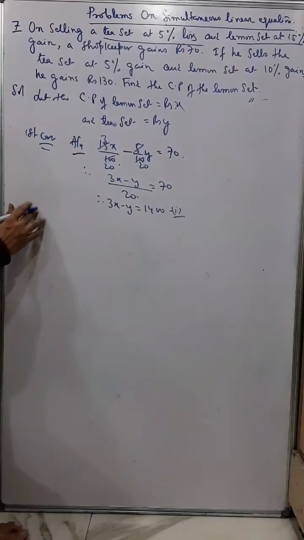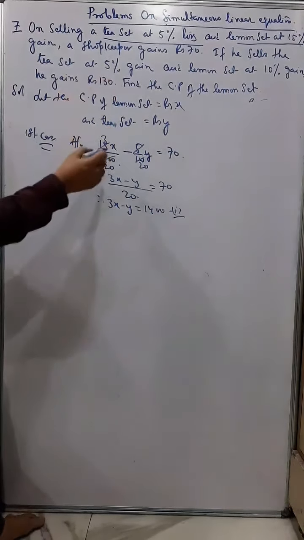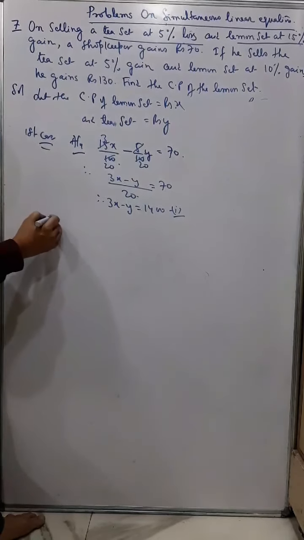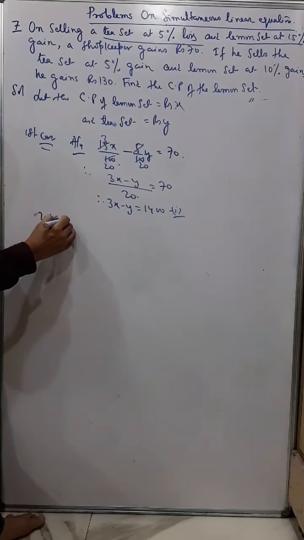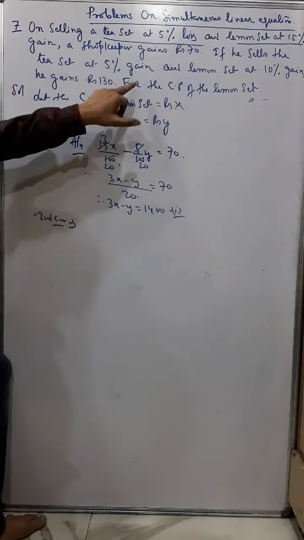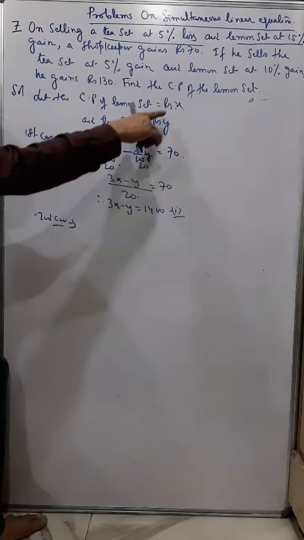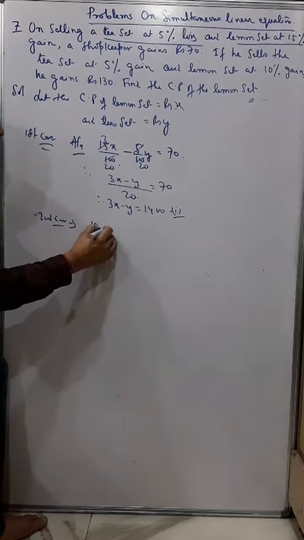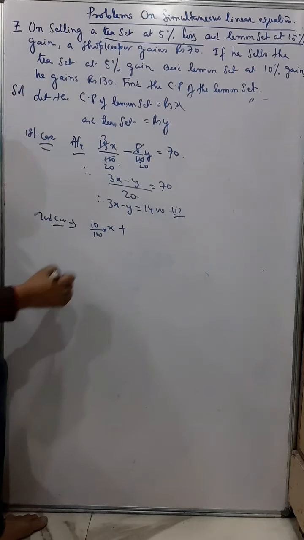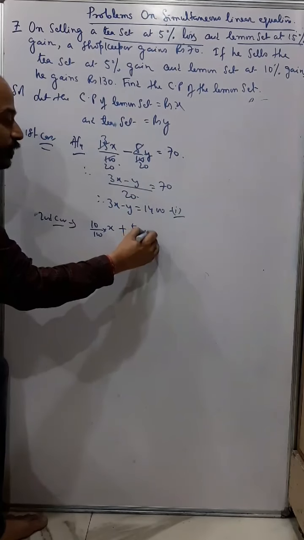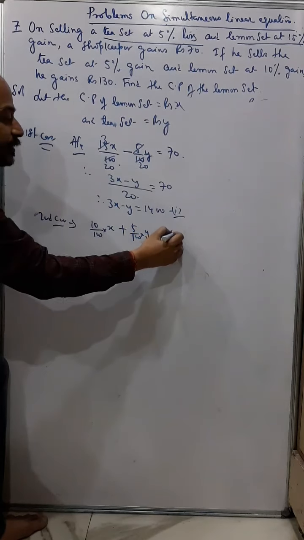Similarly, second case. In the second case it will be plus, because both are profit. If he sells the tea set at 5% gain and the lemon set at 10% gain, the lemon set was x, so I will write 10% of x plus 5% of y, and you are getting 130.